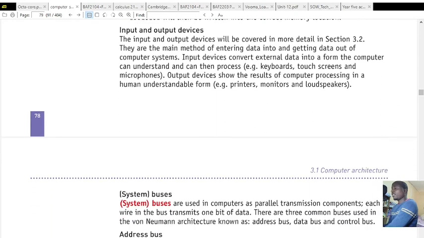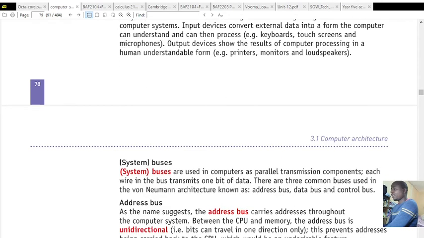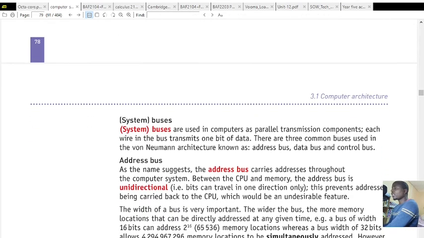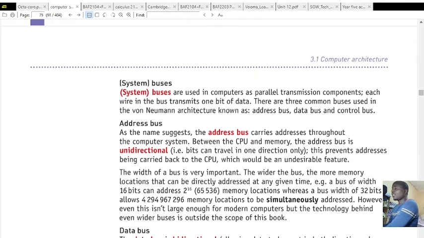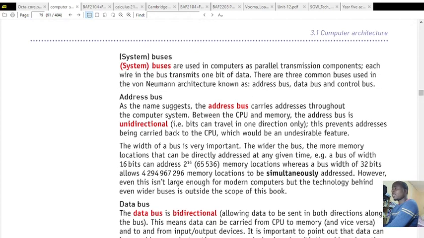Now we have the system buses, the ones that we talked about earlier. Let's look at how these buses work. Remember, these buses use parallel transmission.